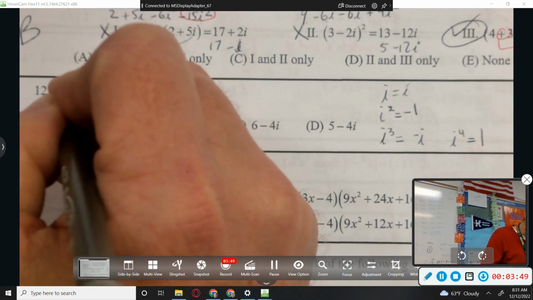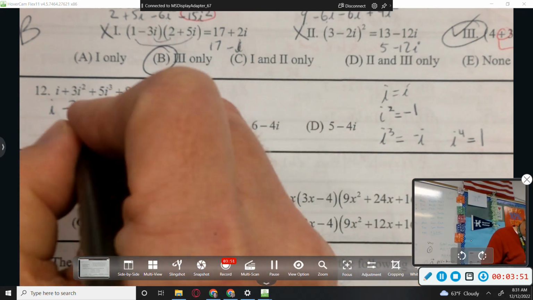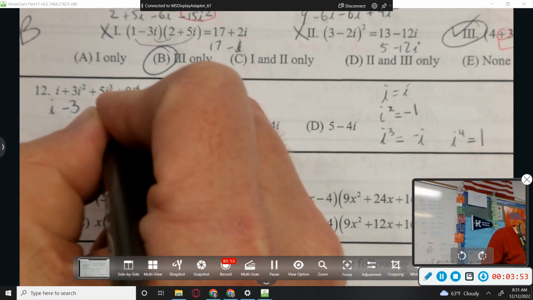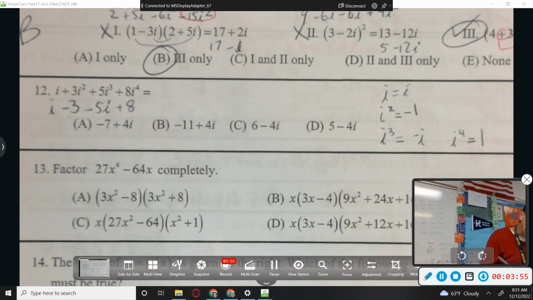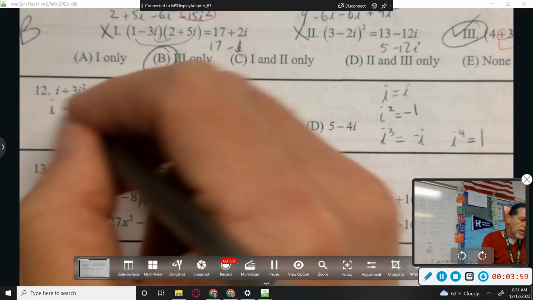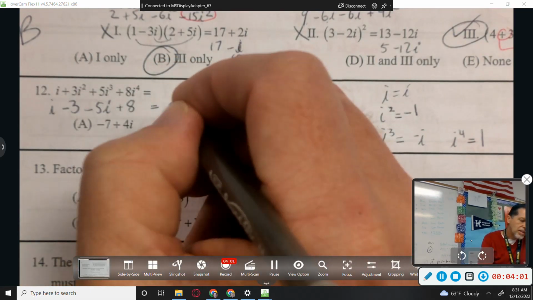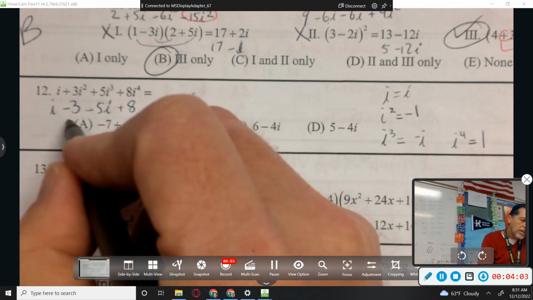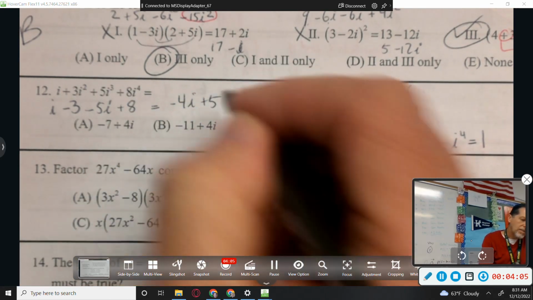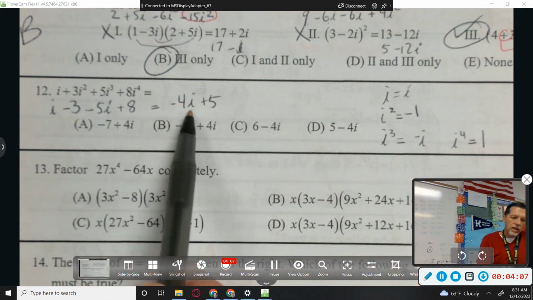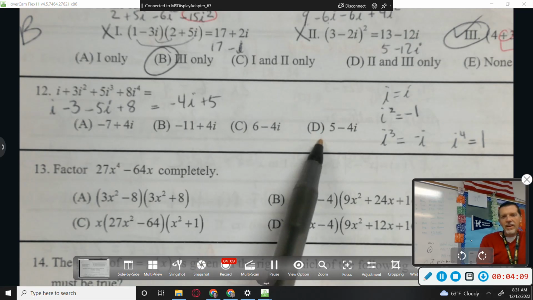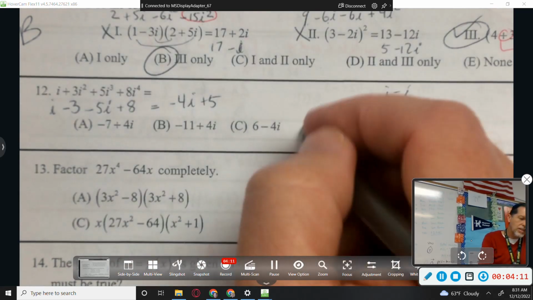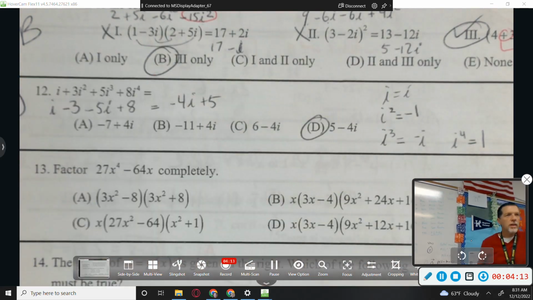So i minus 3 minus 5i plus 8. So i minus 5i is negative 4i. Negative 3 plus 8 is 5. That's backwards from how the answer is written, but it's still the same thing as answer choice D.